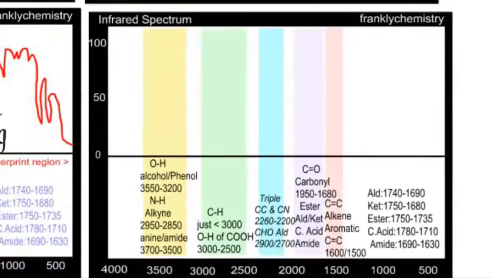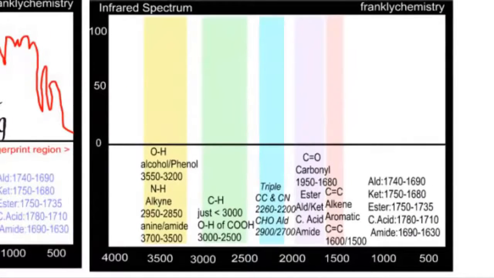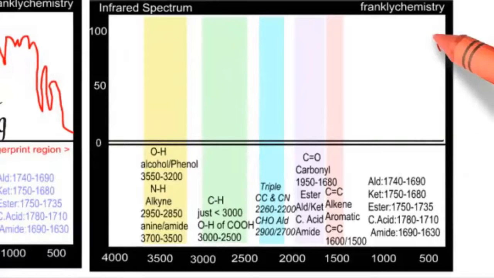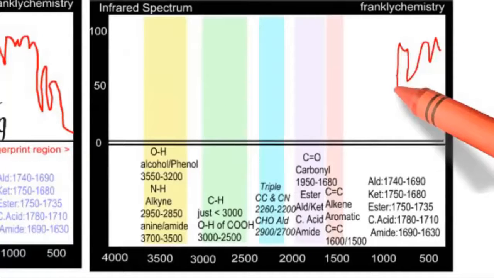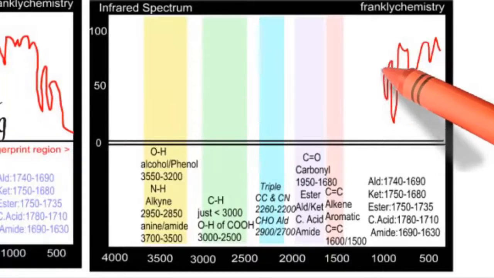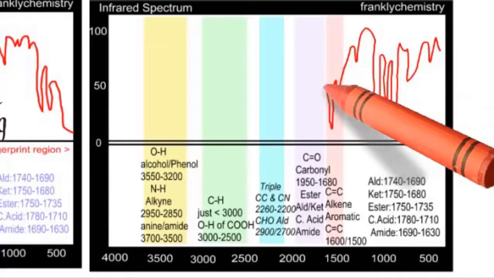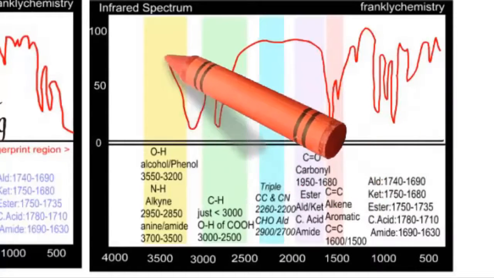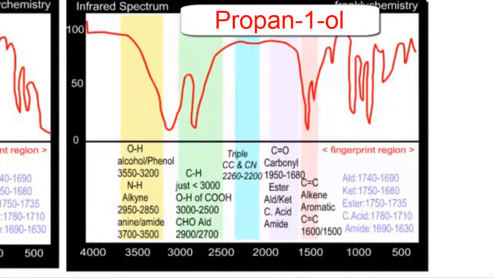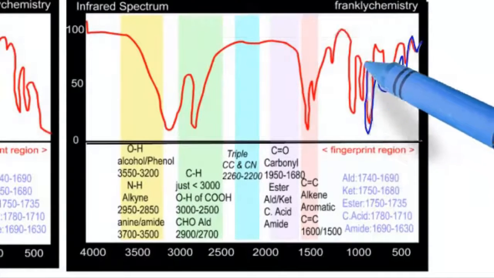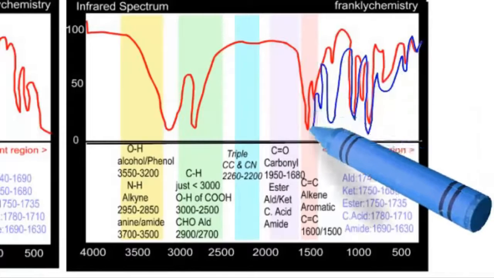Now let me give you one example of the use of the fingerprint region to distinguish between two different position isomers of propanol. Now here's the first one, propan-1-ol. You can see in the cream and green zones there the characteristic peaks for OH and CH stretches.